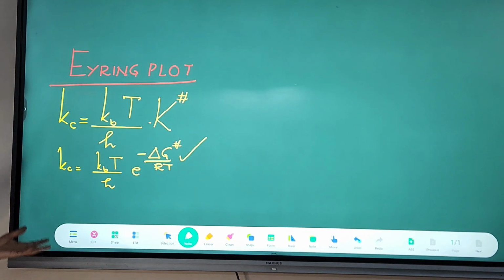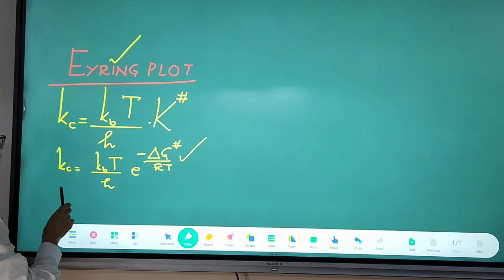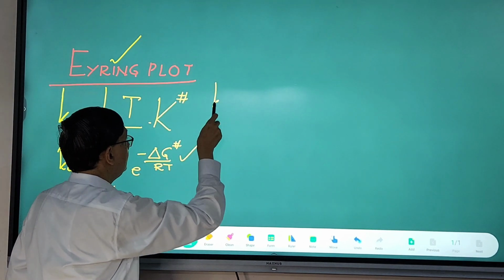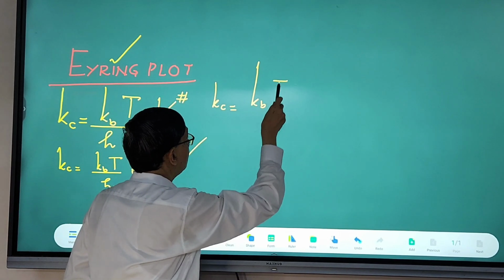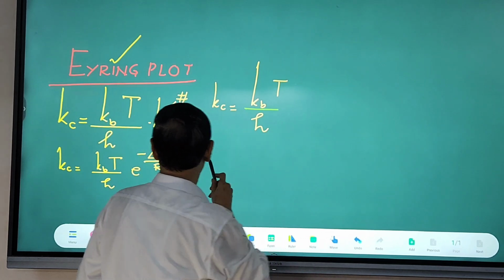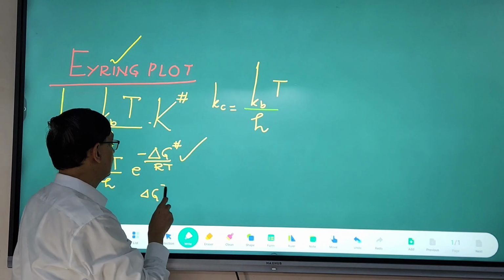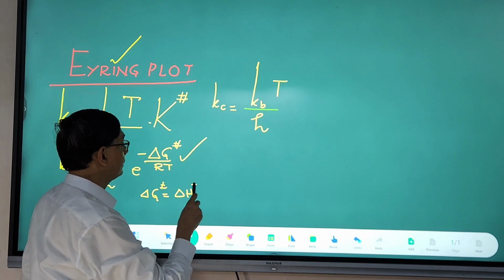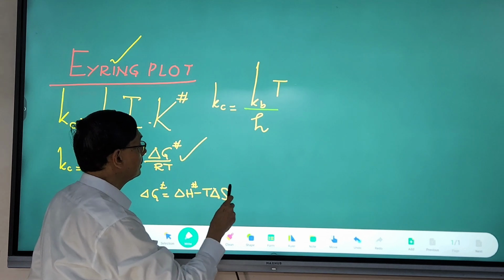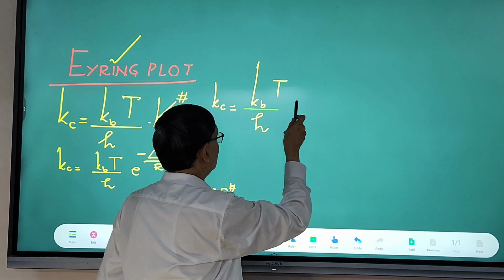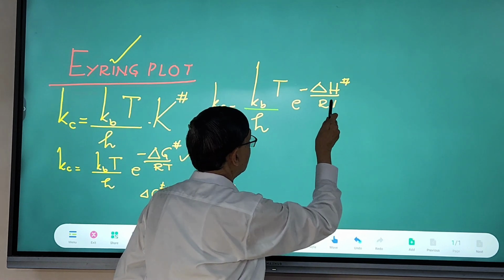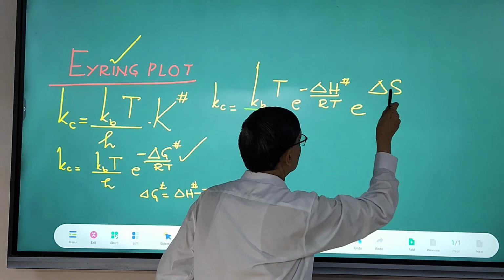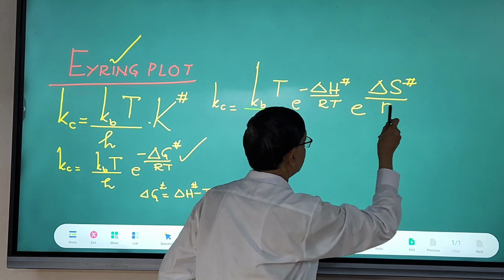Using the Gibbs-Helmholtz equation, which I will not discuss again, my concentration is on what the Eyring plot is. So I can write k_c equals k_B T over h times exp of minus delta G, and you know that delta G equals delta H minus T delta S. If I substitute these, we get minus delta H over RT plus delta S over R.